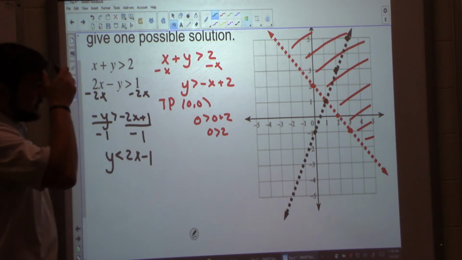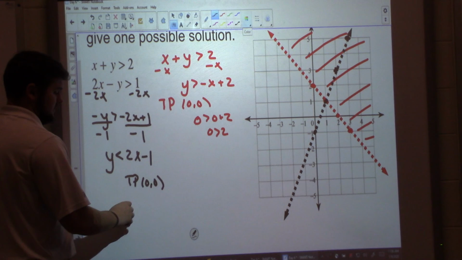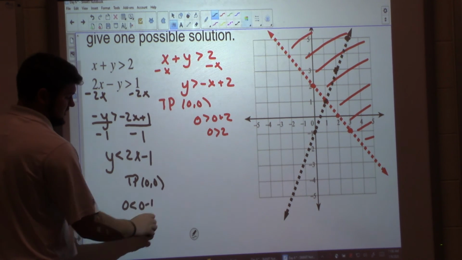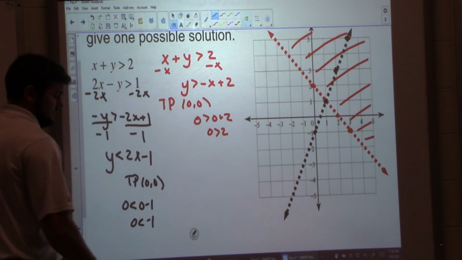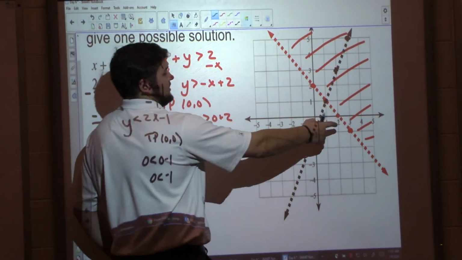Same thing, figure out your test point. 0, 0: 0 less than 0 minus 1. 0 is less than negative 1. Is that true? No. So I'm going to shade the side opposite 0, 0.